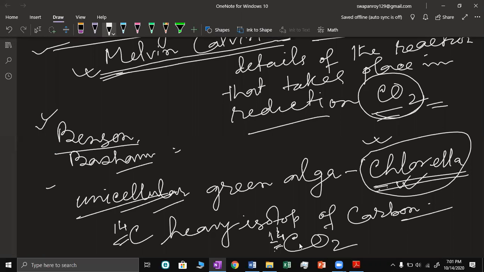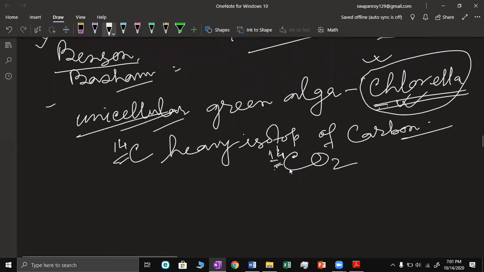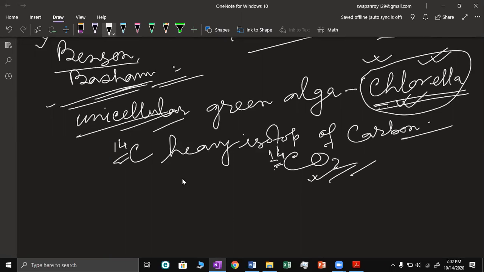Carbon dioxide containing the heavy isotope of carbon was supplied to chlorella to carry out photosynthesis. Using this method, he could trace the pathway of photosynthesis, the pathway of reduction of carbon dioxide.